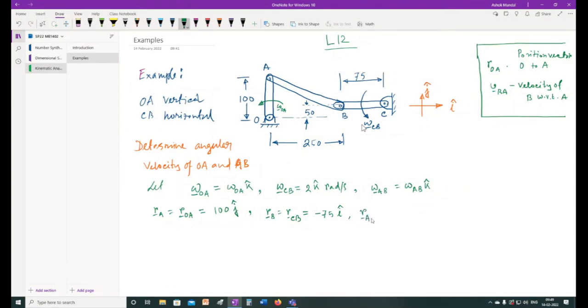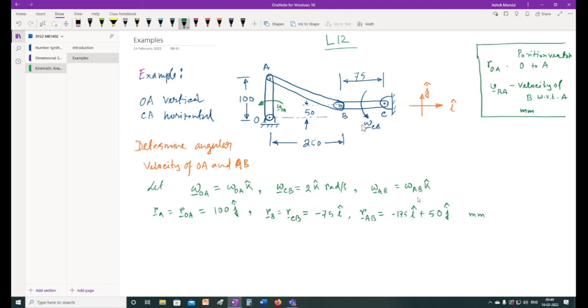What is RAB? RA minus RB, which is 100 j minus minus 75 i, so 75 i cap plus 100 j... All the dimensions are given in millimeter, and the velocity is in radian per second.